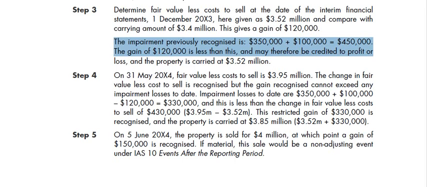Would it be correct to say that if the gain was more than the 450, you would just take the difference to OCI? Which difference? The difference between the 450 and the gain. You still need to take the 450 to P&L. The 450 still needs to go to P&L if the gain was more than 450.